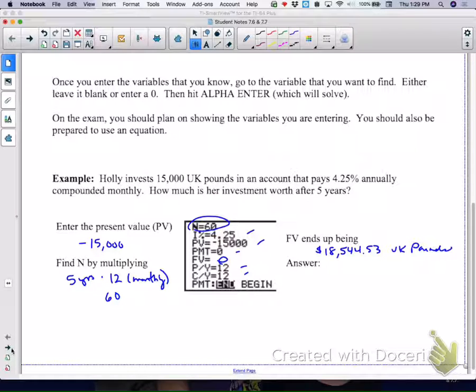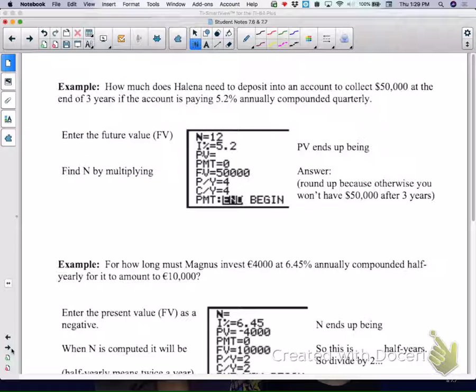All right. So next, how much does Helena need to deposit into an account to collect $50,000 at the end of 3 years if the account is paying 5.2% annually compounded quarterly? Okay, so in this case, the future value is going to be $50,000. That's going to be positive because that's how much I'm going to end up with.